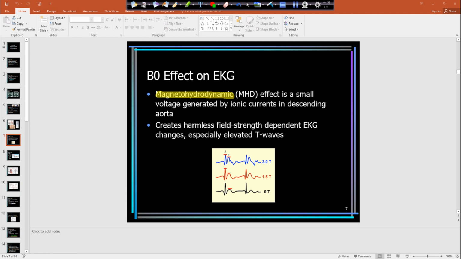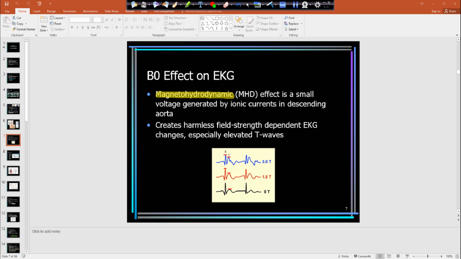So if we have 2 peaks here, sometimes it's hard for our system to detect the exact moment when the ventricles are contracting. So that's why it's a little harder sometimes to get a good accurate reading of the waveform on a 3 Tesla compared to lower strength magnets.